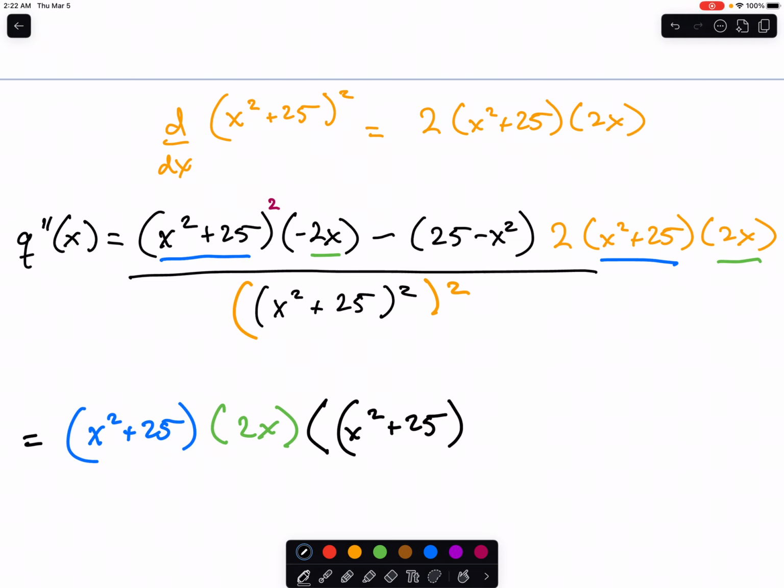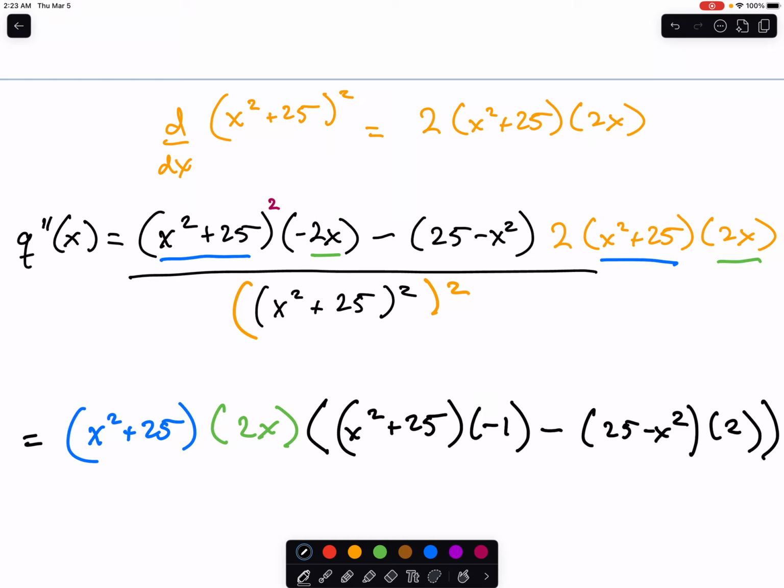If we factor out that 2x, we're left with a -1 minus, it looks like the 25 minus x² persists. Okay. We use that x²+25, we use that 2x, so the only thing that's left there is a 2.